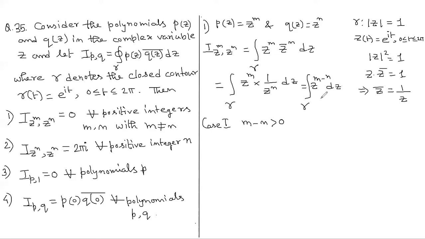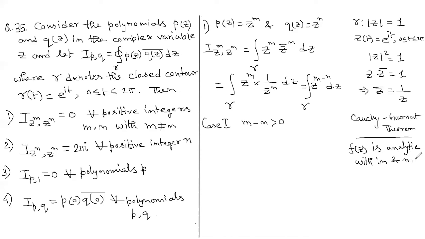And from the Cauchy-Goursat theorem we know, if a function f(z) is analytic within and on a closed Jordan curve gamma, that means f(z) is analytic in a simply connected domain D, then the integral over gamma of f(z) dz is equal to 0.